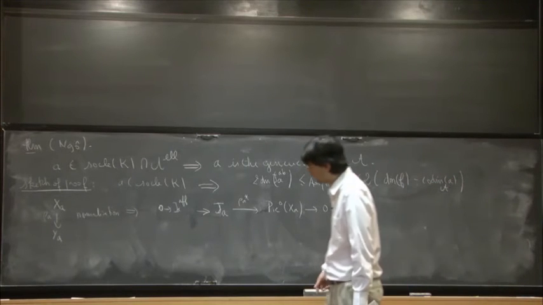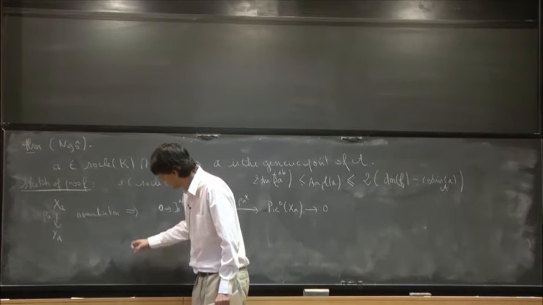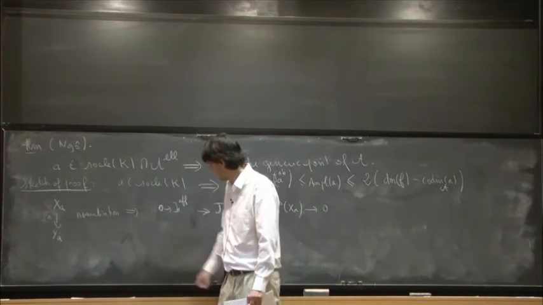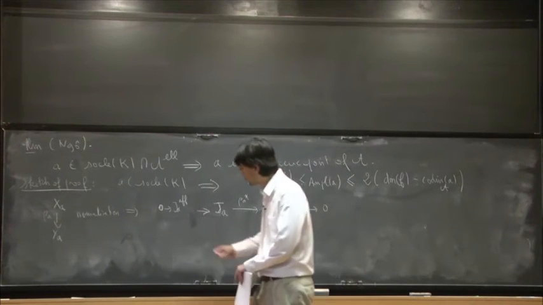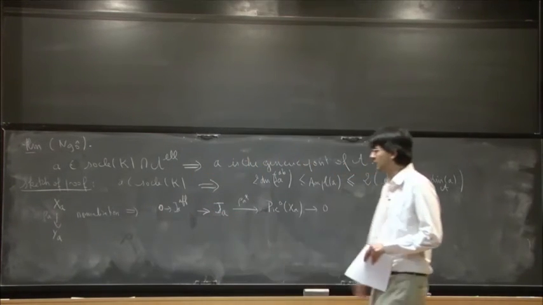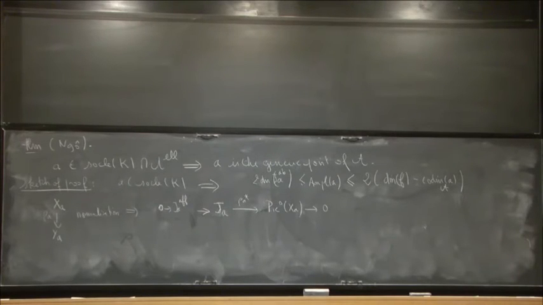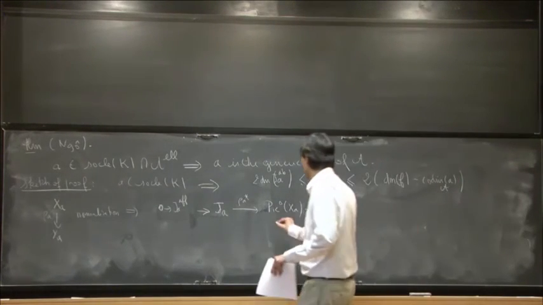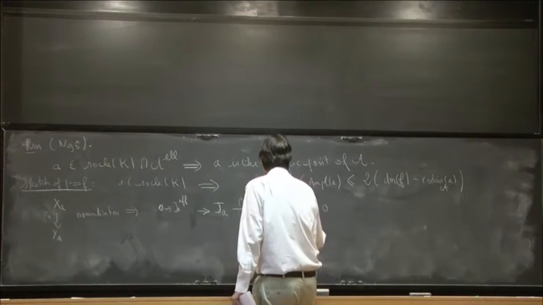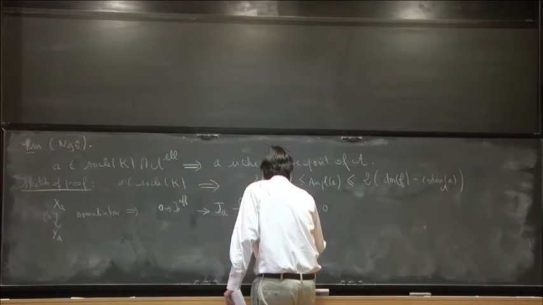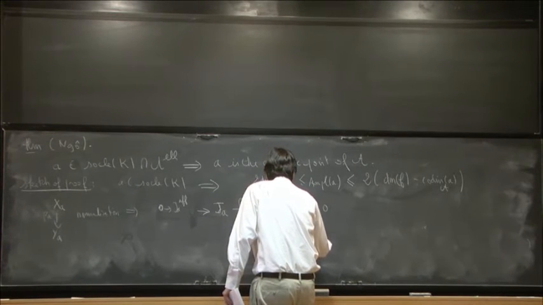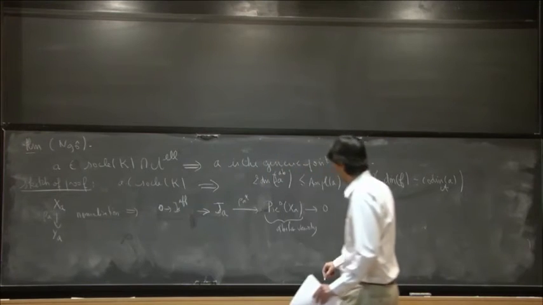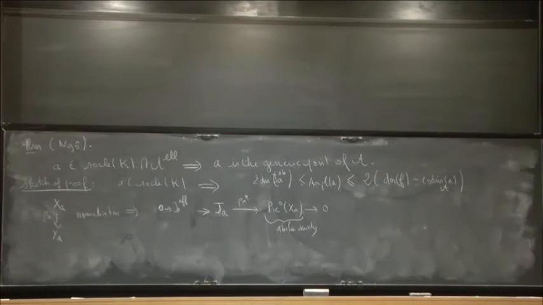You can check, for example, if you have a node, then you get a G_m, and if you have a cusp, then you get a G_a, something like that. And this is an abelian variety, because X_A is smooth.